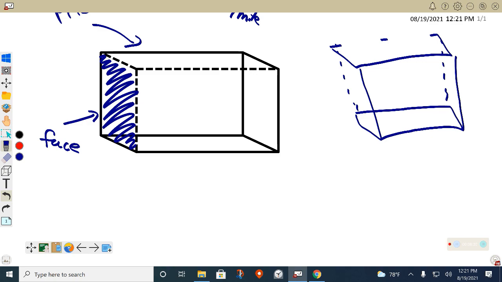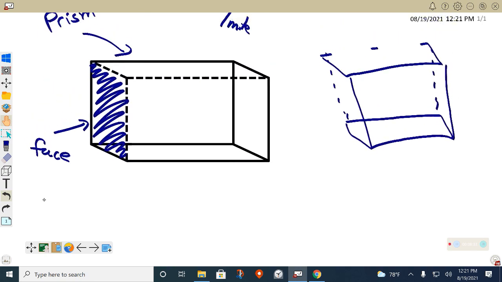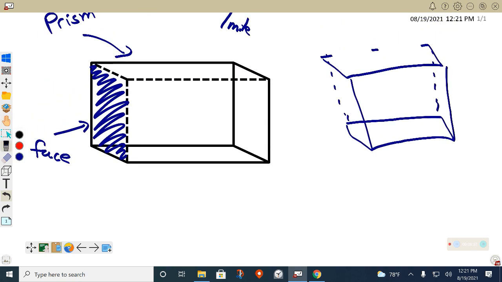1, 2, 3, 4, 5, 6. So there's 6 faces that make up the prism. Okay, so far so good. Now, let's say this was 6 feet long right here, this edge.